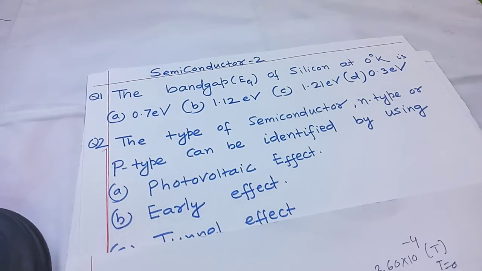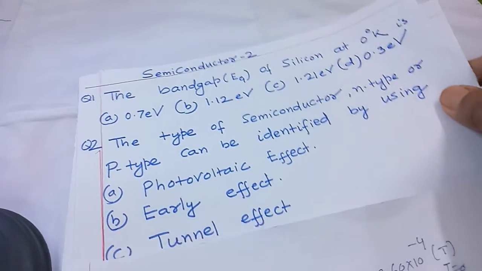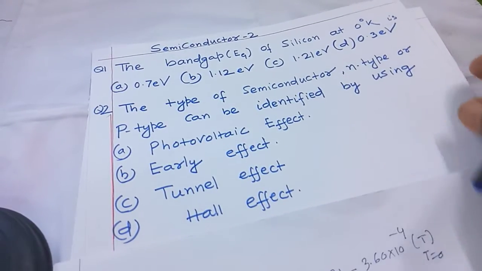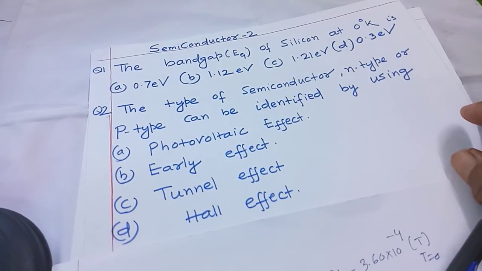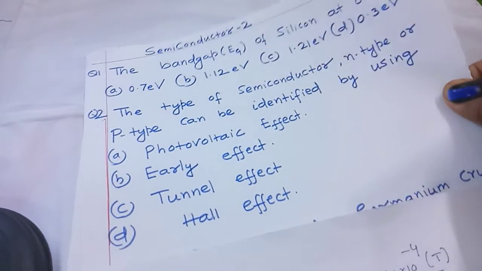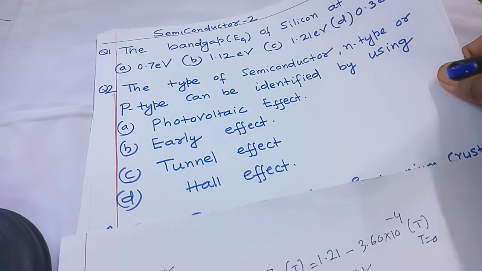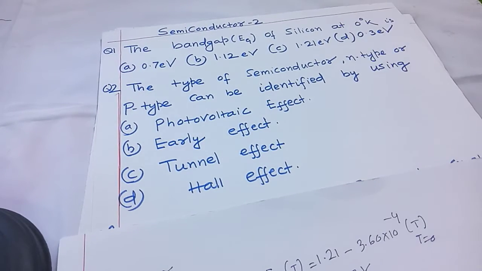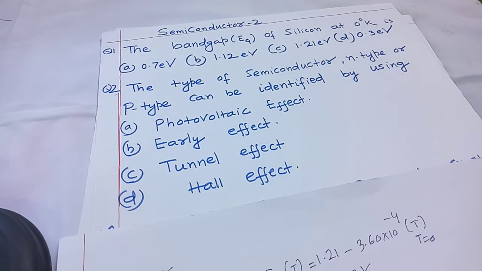Next question is, the type of semiconductor, N type or P type, can be identified by using photovoltaic effect, Early effect, tunnel effect, or Hall effect. The correct answer is Hall effect. What is photovoltaic effect?